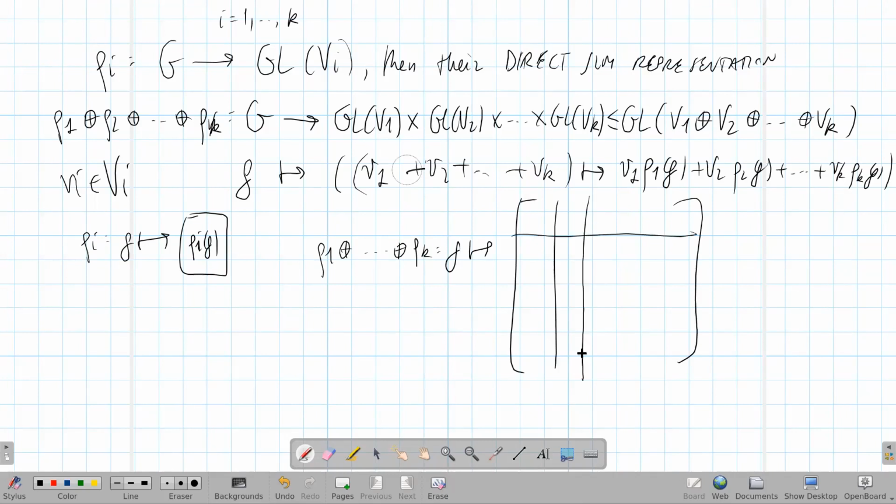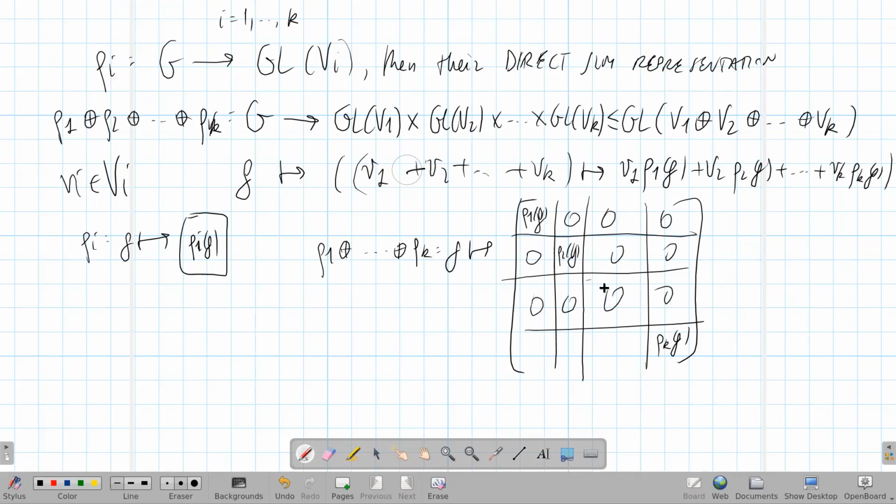This is the same pattern that I exhibited yesterday, a block diagonal matrix, in which on the diagonal you have all the representations and zero elsewhere. Of course, here, sorry, this is not zero, but off the diagonal you still have something. And this direct product is represented by these diagonal matrices.